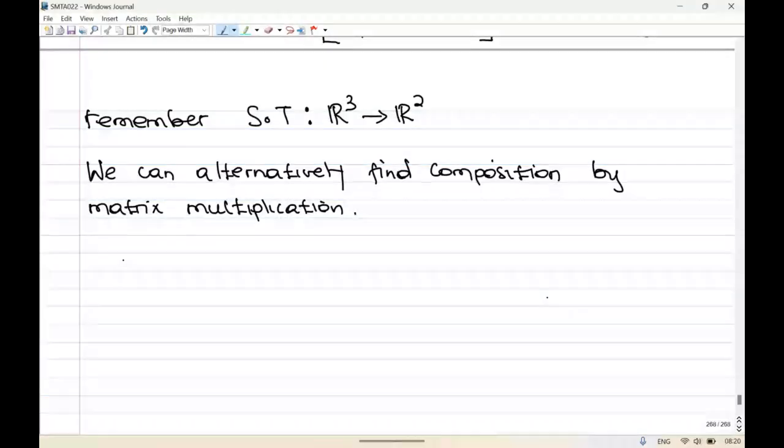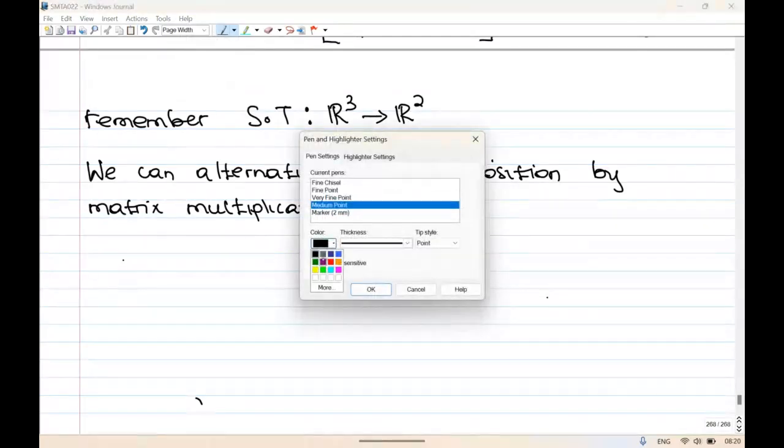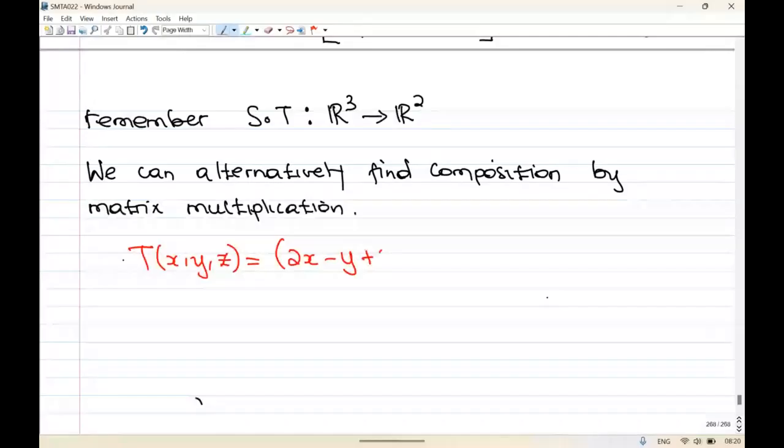On the matrix multiplication, remember what we got. Before we say what we got, remember what is T. They defined that T of X, Y, and then Z will be equal to 2X minus Y plus 3Z, and then you have minus Y plus 2Z.